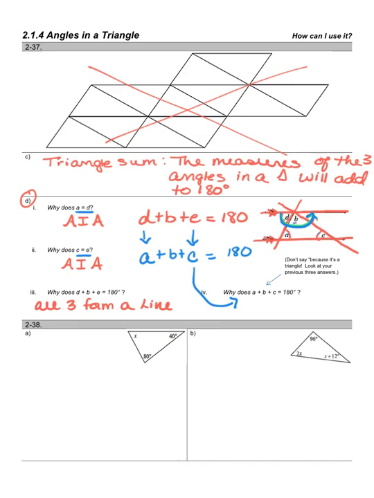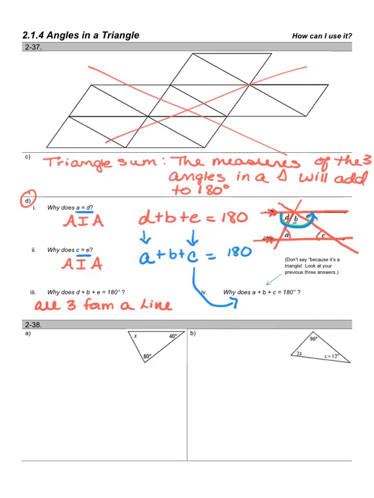So there's our little proof, or our little explanation of why the measures of the angles in a triangle add up to 180 degrees. The rest of these problems are just some practice applying that. So in these two here, you've got three angles in the triangle that are marked, some with numbers, some with letters and expressions, and we're just setting up an equation.